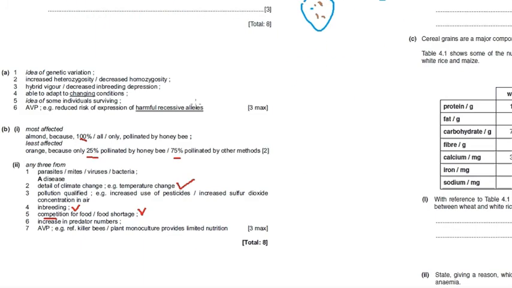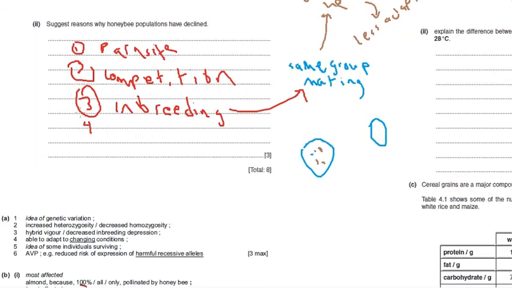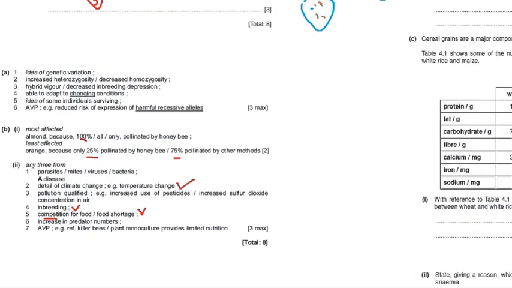And then we have an increase in predator numbers. So probably there is an increase in the number of predators. Lastly, plant monoculture provides limited nutrition. Then there is pollution.